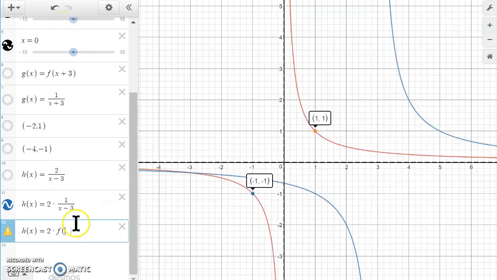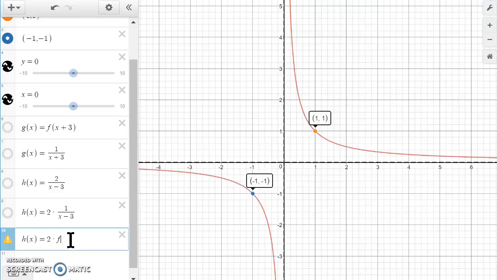So how can I write this 1 over x minus 3 if I want to use f of x? So f of what will give us 1 over x minus 3? I hope your answer is x minus 3.